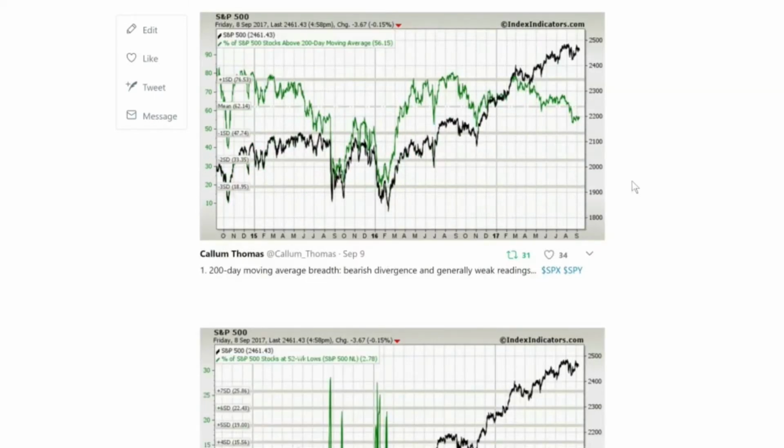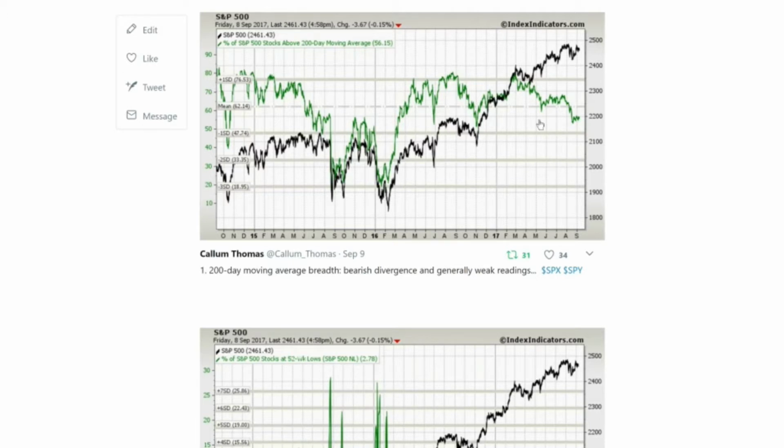So let's start off on the first one, which is 200-day moving average breadth. Now, the reason why I've included this, and not just this week, but almost as a running feature, is that we've had a bit of bearish breadth divergence going on. The key way that is expressed here is the lower highs on the breadth versus higher highs on price, and breadth is tracking fairly soft at the moment, so it reflects an underlying weakness in the market.